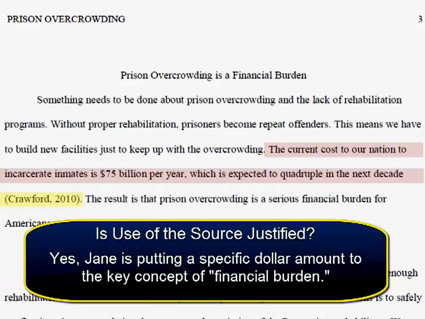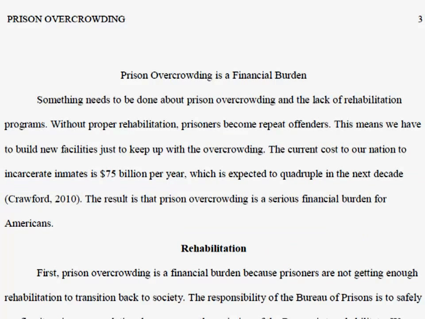So, it was important for her to establish right away the numbers that support this notion of financial burden. To summarize, in her introduction, Jane used a single source in an effective way, summarized instead of quoted, for an important reason, to provide clarification of what she meant by financial burden.